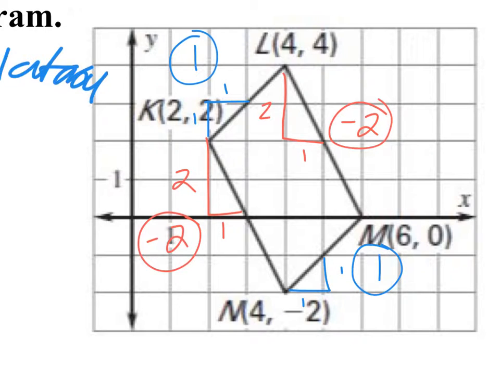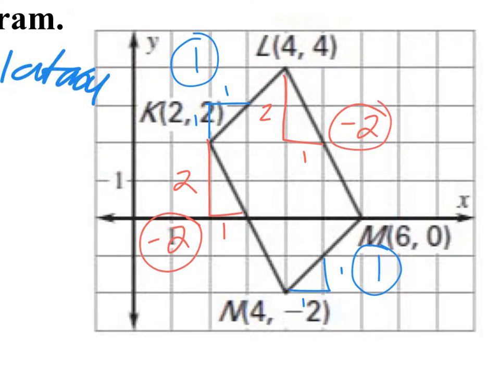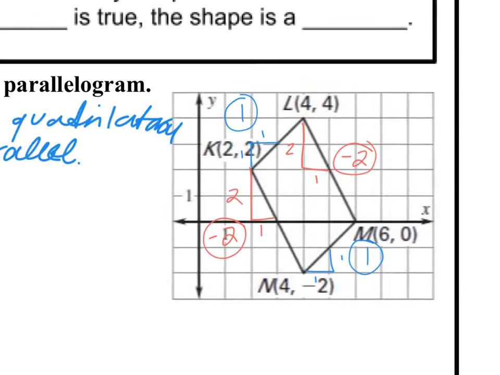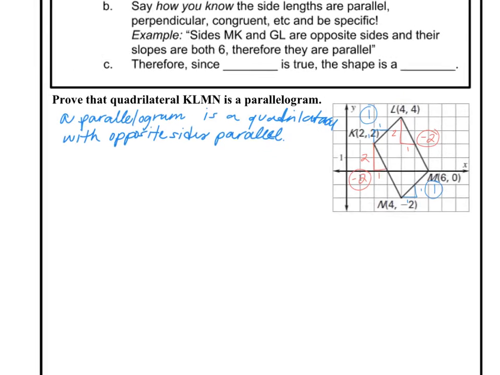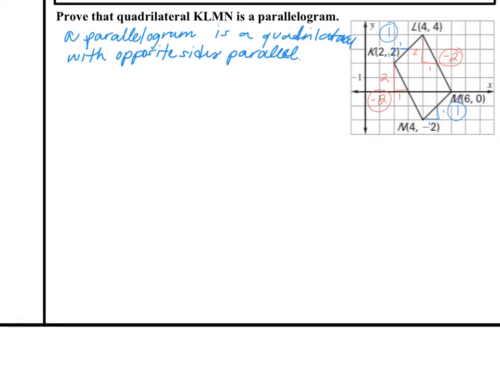Okay. So you know that we do have opposite sides parallel because we have slopes that are the same. But you need to tell me first what you know to be true about the slopes of parallel lines. So you have to say to me first, so opposite sides parallel. Parallel lines have slopes that are the same.